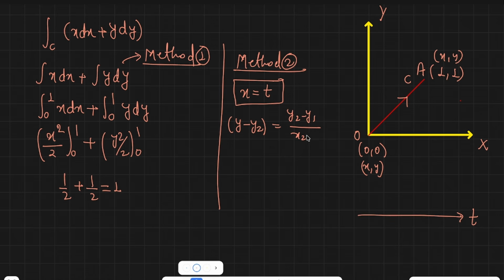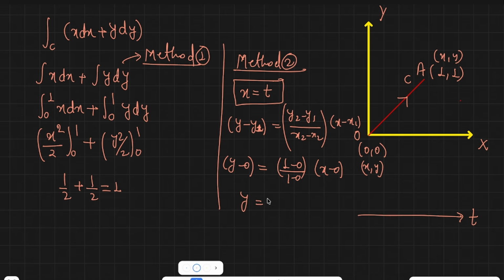This is basically the equation of a line passing through 2 points. Let's say this is x1 y1, this is x2 y2. Now it is y minus 0 equals 1 minus 0 upon 1 minus 0, times x minus 0. When you solve this, you will get x is equal to y. This is a simple line.